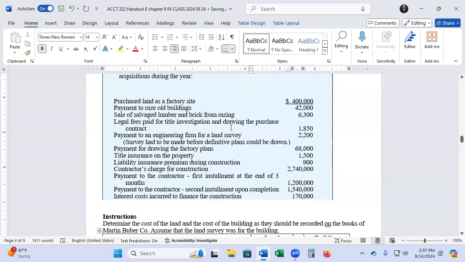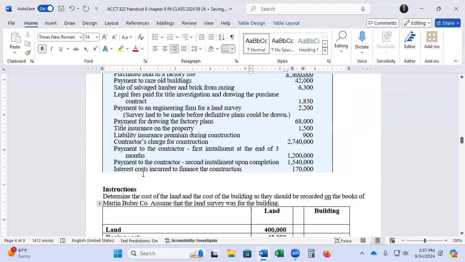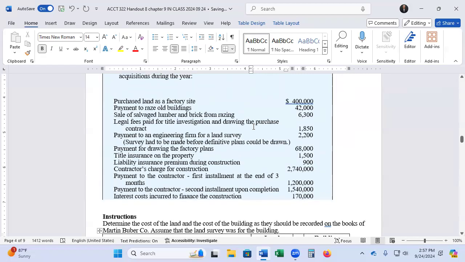Legal fees paid for the title investigation and drawing the purchase contract. This would be just for the land at this point, so that 1850 goes into the land. Payment to an engineering firm for land survey. Survey had to be made before definitive plans could be drawn.